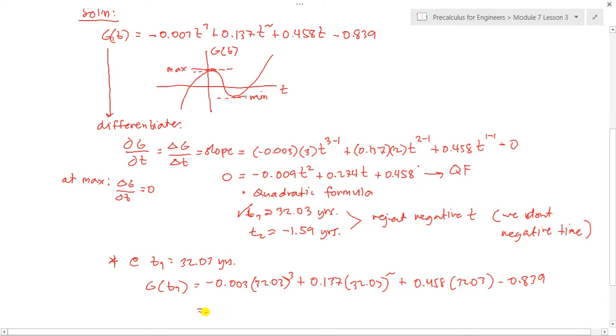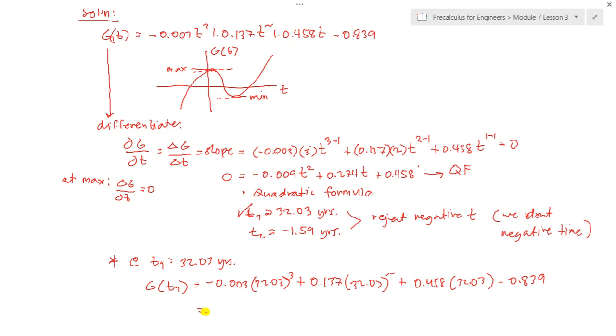The answer here is they solve negative 0.003 times 32.03 cube plus 0.137 times 32.03 squared plus 0.458 multiplied by 32.03 minus 0.839.